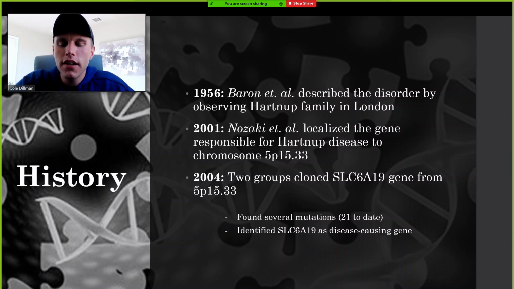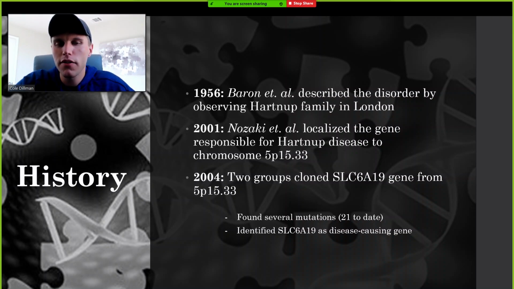It wasn't until 2001 when Mizuki et al. localized the gene responsible for Hartnup disease to chromosome 5p15.33. It was still unknown what exact gene was the problem. It wasn't until 2004 when two groups cloned the SLC6A19 gene from that section of chromosome 5 to find that it was in fact the disease-causing gene.